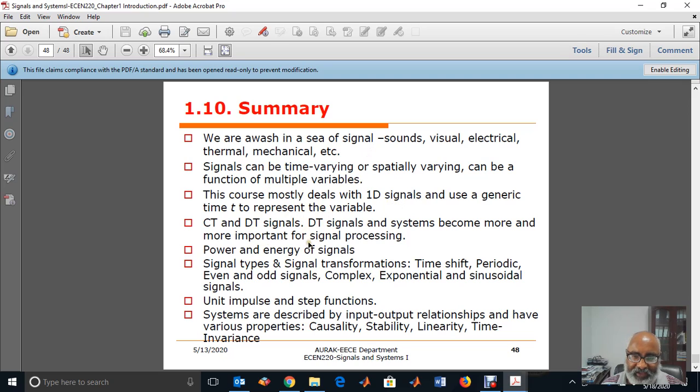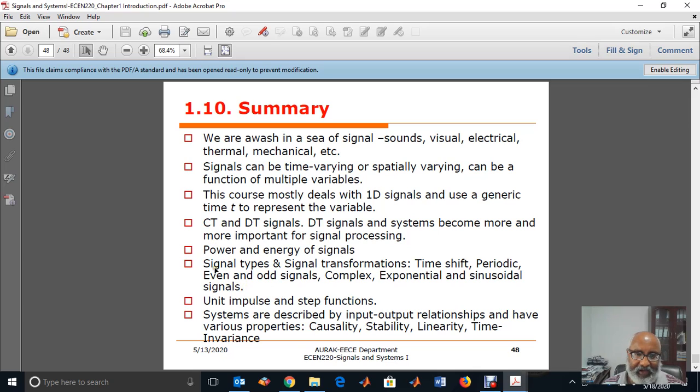Signals can be continuous time or discrete time. Okay, a function of the time t is continuous or the time t is discrete. And we studied what is power and energy of a signal, and we determined the energy and power of different kinds of signals by applying the mathematical formula for energy and power.